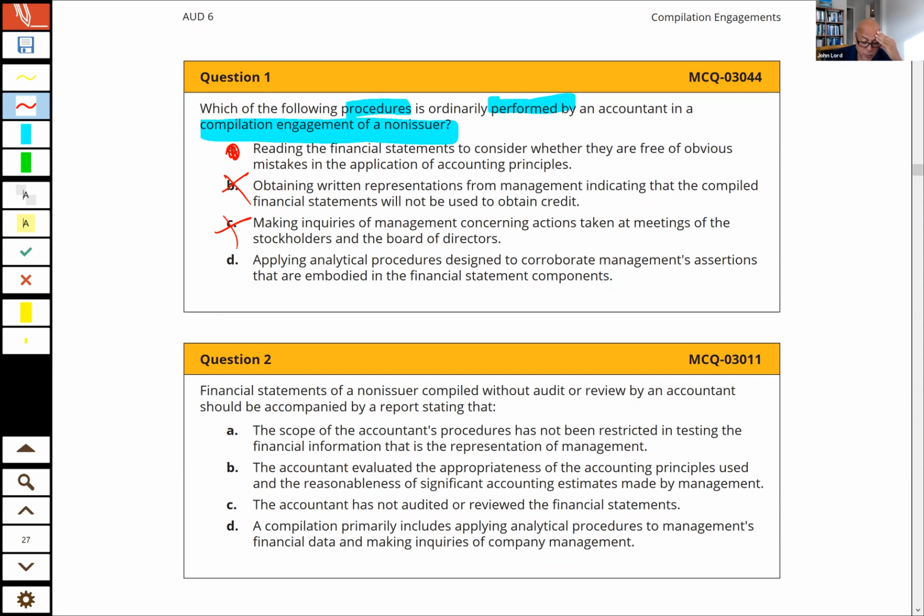Applying analytical procedures, you would do that. We're required to do it in an audit, during the planning phase and the final review stage, not our Becker final review, but the final review stage of the audit. We don't have to do that in a compilation. We don't need to do that in a preparation, even though they weren't asking us about preparation here.